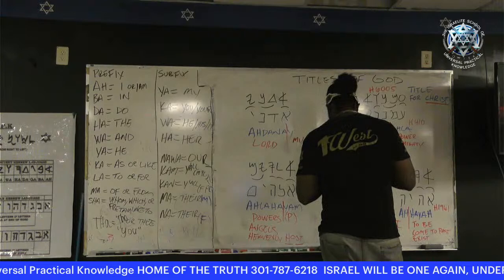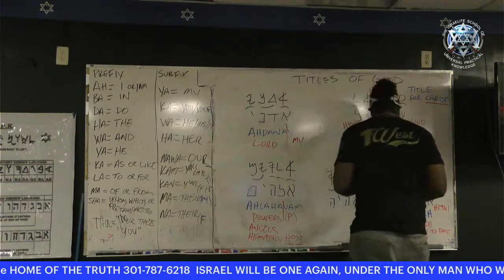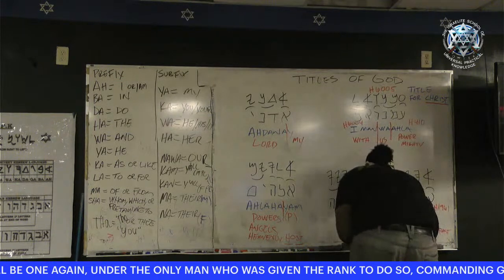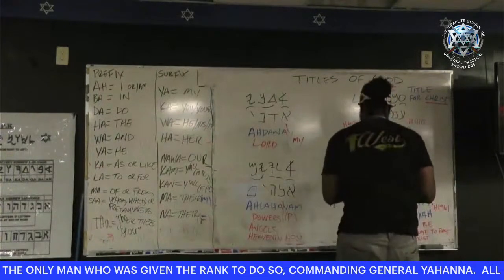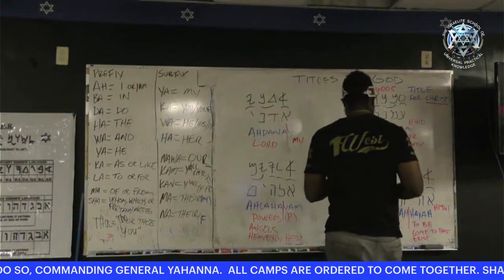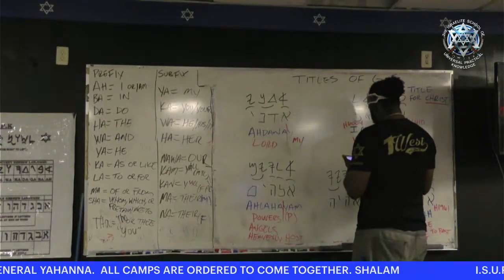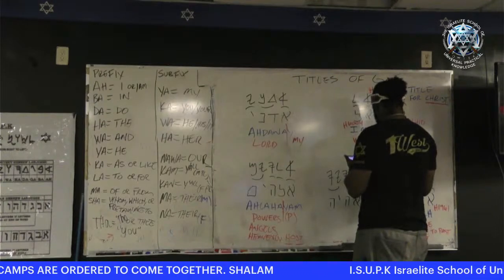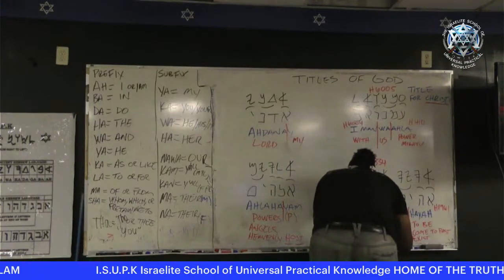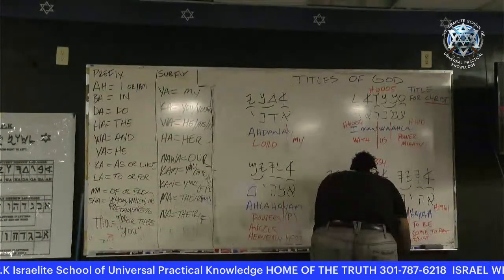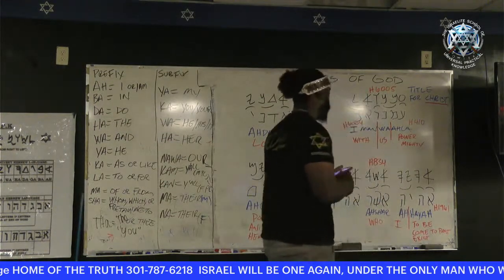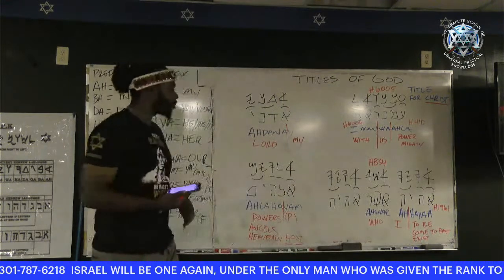In this case, this is Strong's Concordance number H834, which is who, which, or when. But in this case, it's who. All right. Okay.